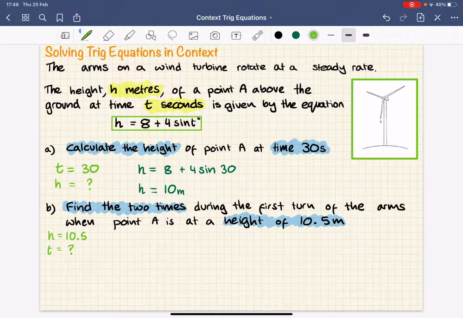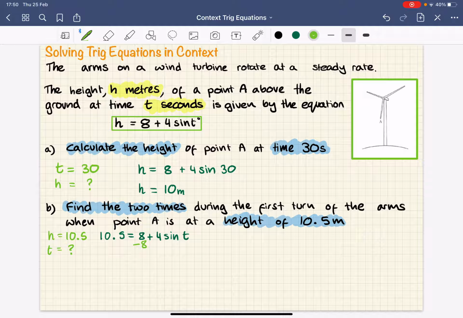So I take that information and put it into my formula. Now with my formula, I know what my h is, so that's going to be the 10.5. Then I've got 8 plus 4 sine, and I don't know what t is. So now I need to start rearranging it to get the sine t on its own.